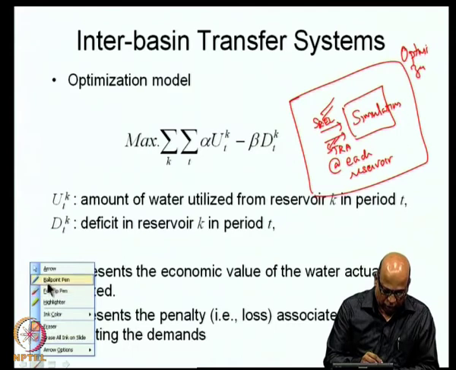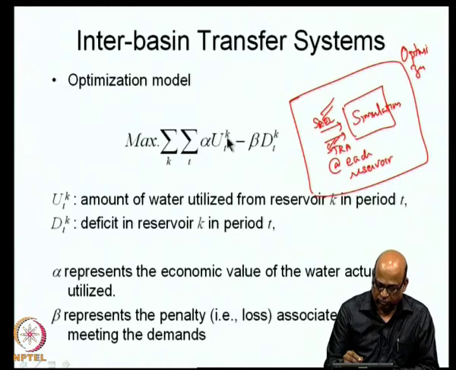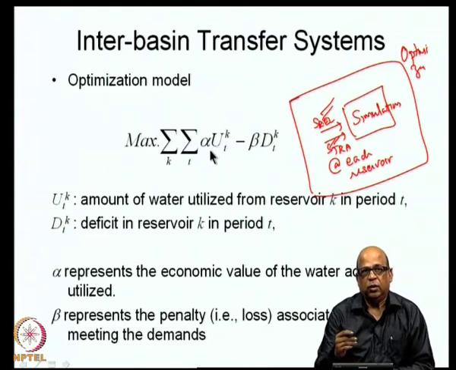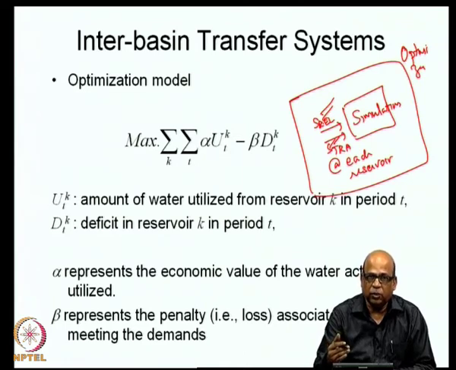We are saying at a given reservoir K for a time period T, the utilization of water in that reservoir for that time period, we are calling it as U, and the utilization is the amount of water that is used for meeting its own demand plus the amount of water that the reservoir K has released to meet the demands downstream, that is at the downstream reservoir, plus the amount of water that the reservoir K has transferred to other basin.